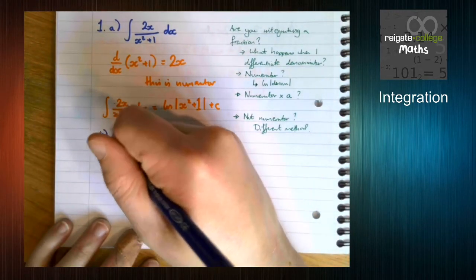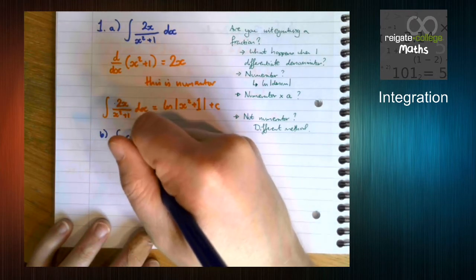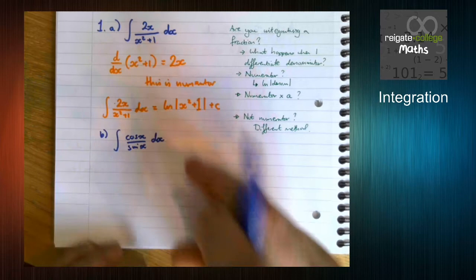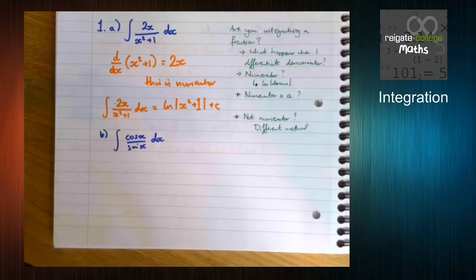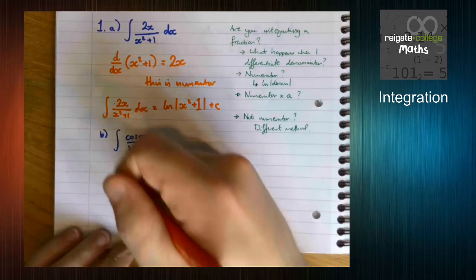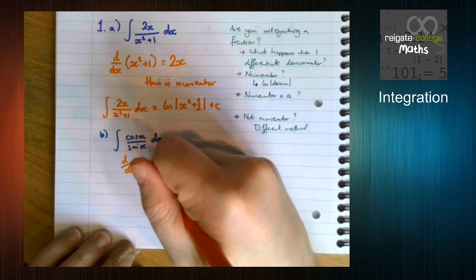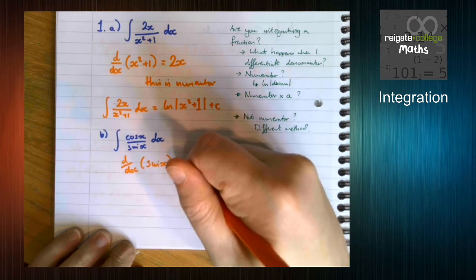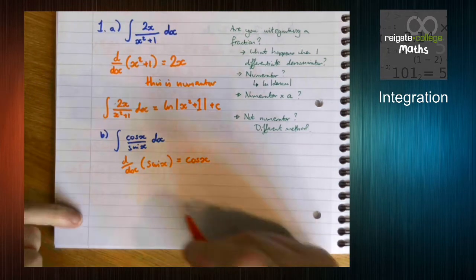So, integrating cos x over sin x. So again, what happens if we differentiate the denominator? We get cos x, which is the numerator.